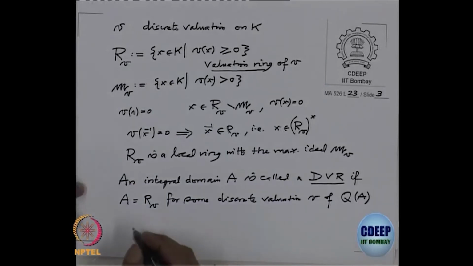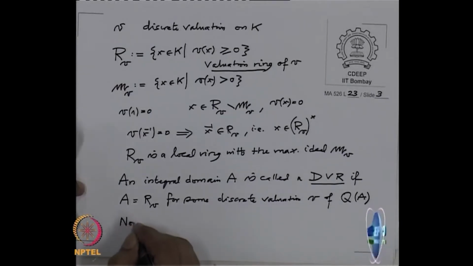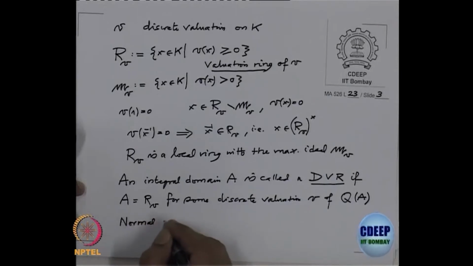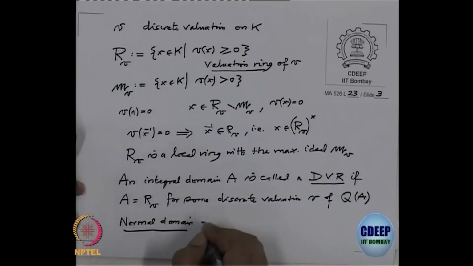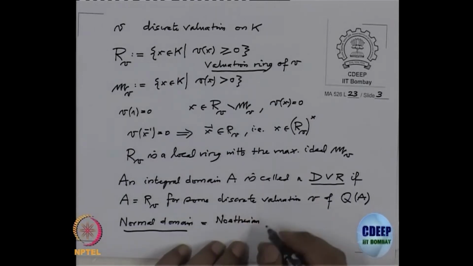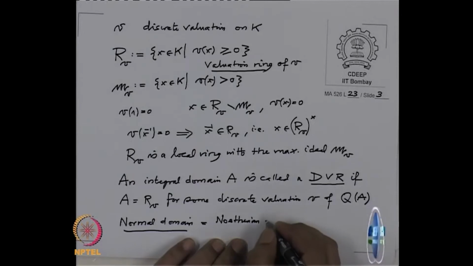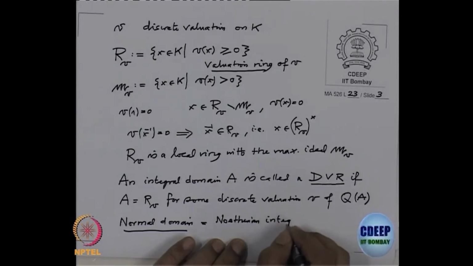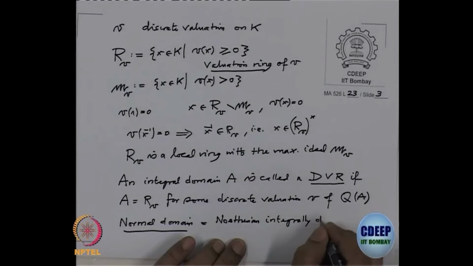And as usual, when we say normal domain, that includes the definition that it is Noetherian. So, I will just record again. Normal domain means this is Noetherian and integrally closed, integrally closed in its quotient field.